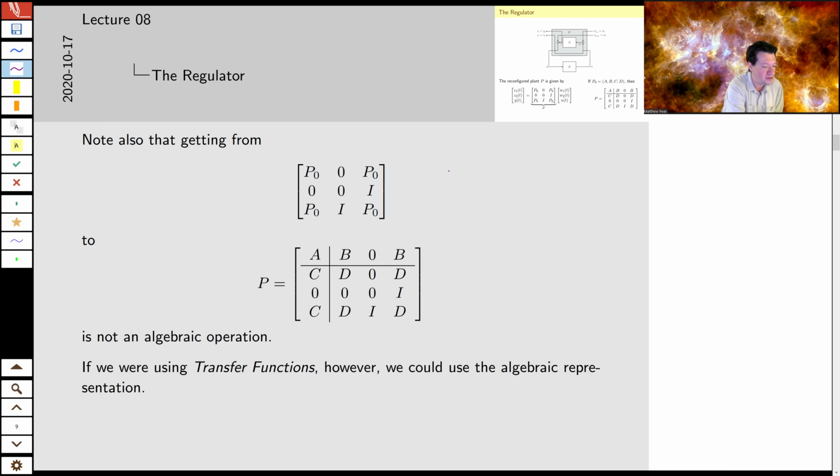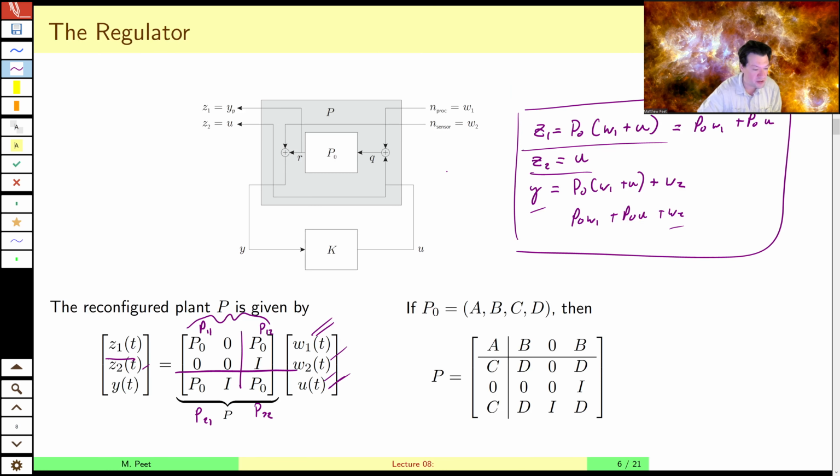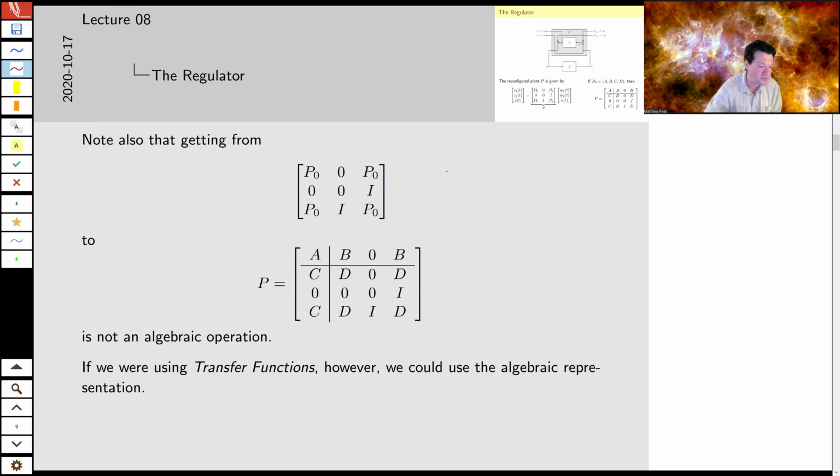Well, if we go back to these equations, write them down again.